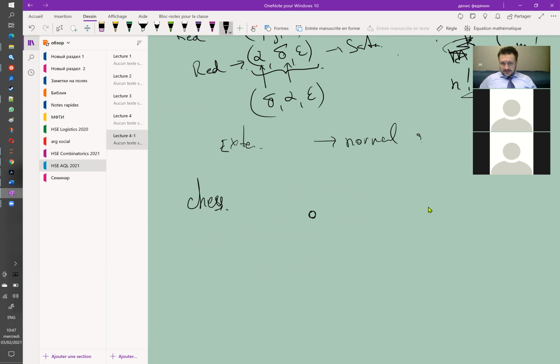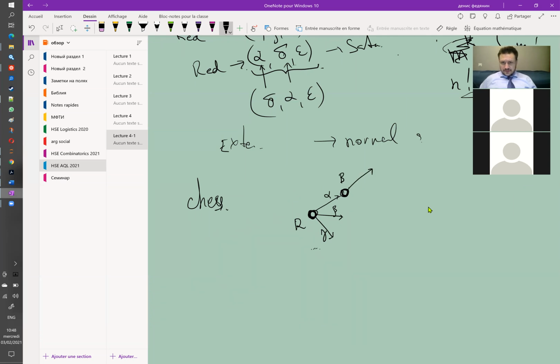We can think about it as a tree. So red player has to choose the place for his first shop. It can be alpha or beta or gamma or other. Then blue player has to choose.